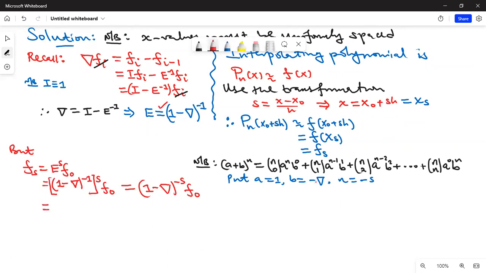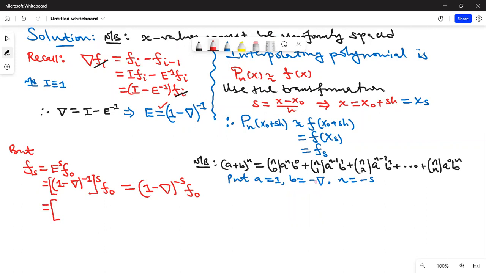It is equal to negative s combination 0, then the second term is now negative s combination 1. So when you work it out, this is what you need to get.